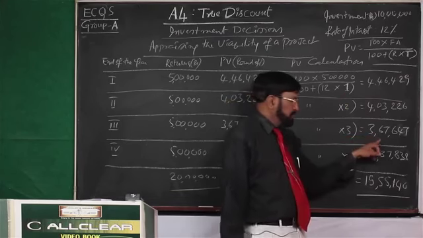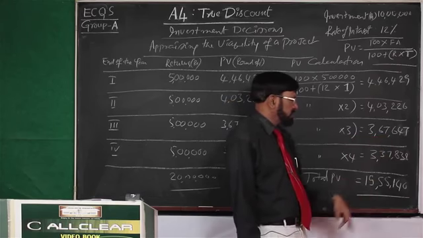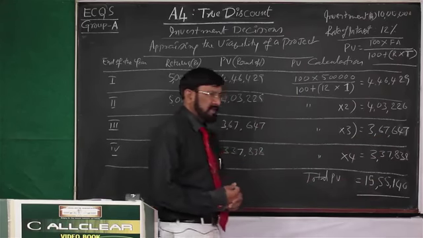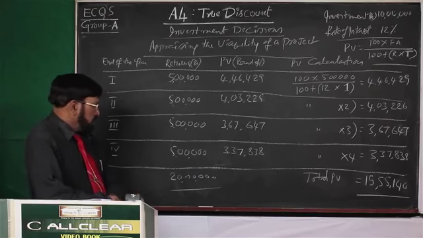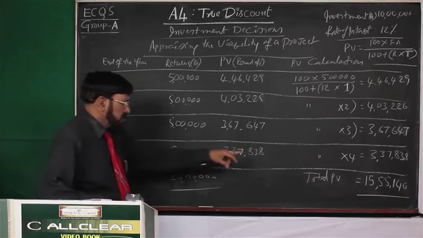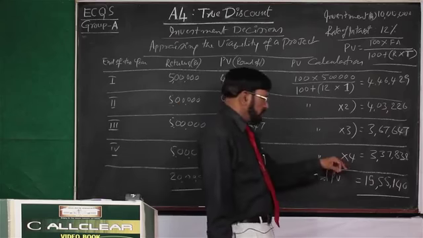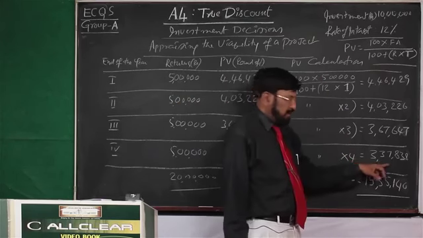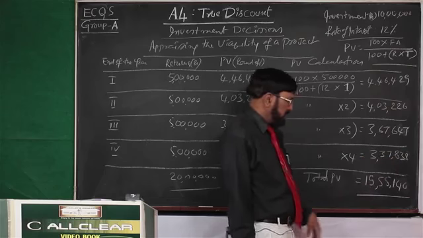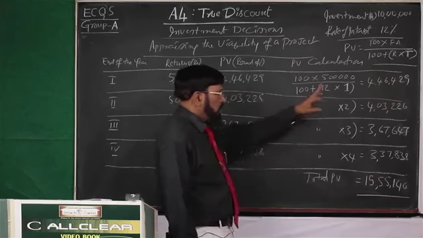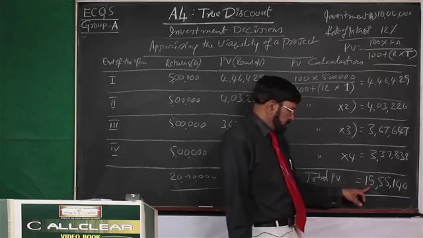Then the PV is 3,67,647. Then at the end of fourth year, 5 lakhs return. Then it is discounted for 4 years at 12% rate. Then the PV is 3,37,838.